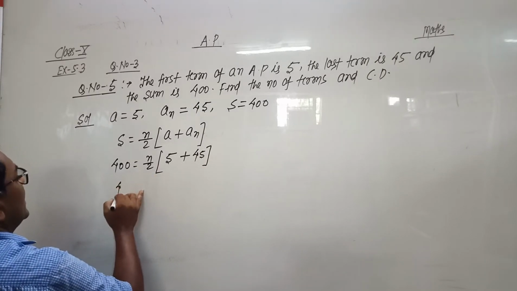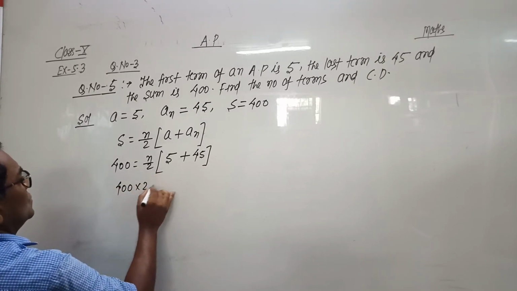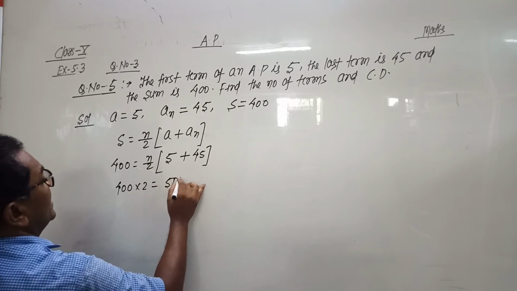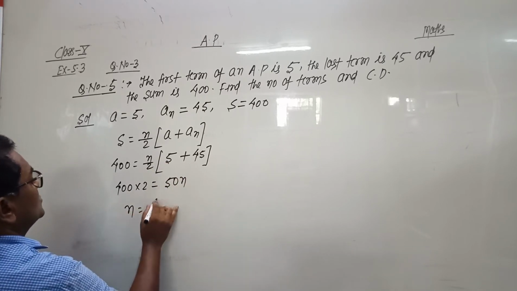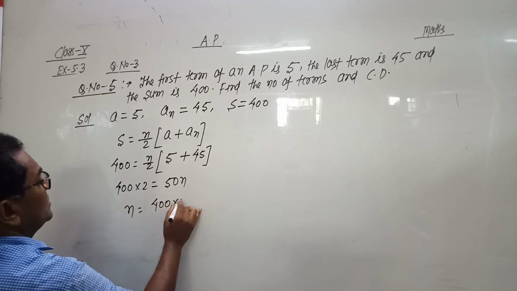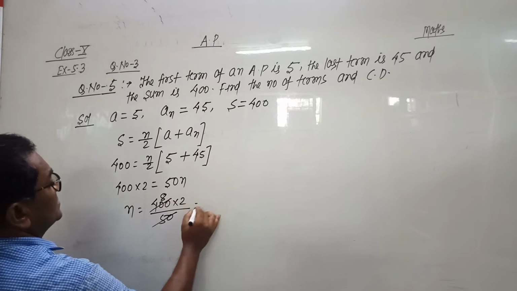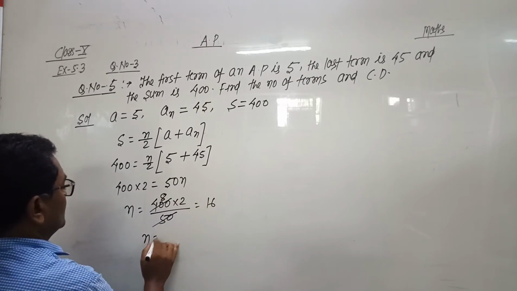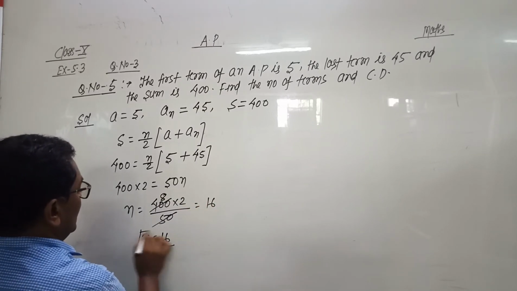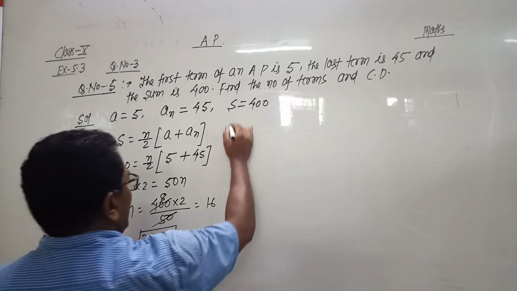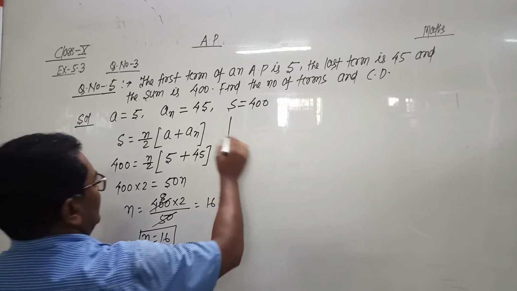So 400 into 2 equals (45 plus 5), 50 into n, and n comes to be 400 into 2 upon 50. It goes by 8 and the number of terms comes to be 16. n equals 16. Now we have to calculate the common difference.